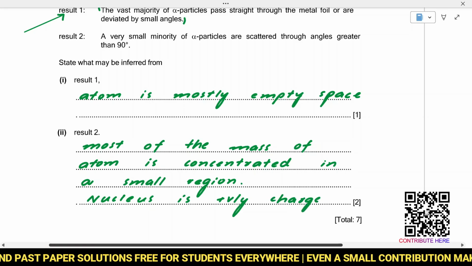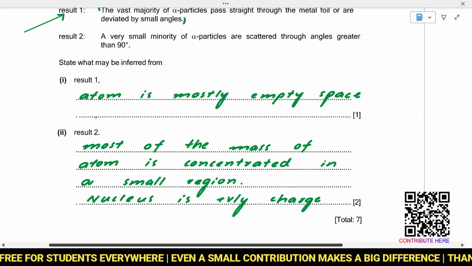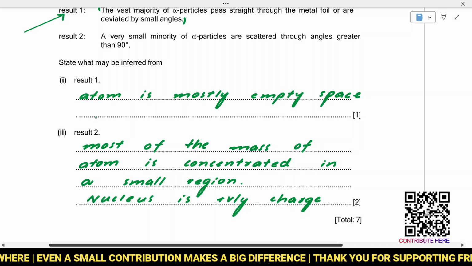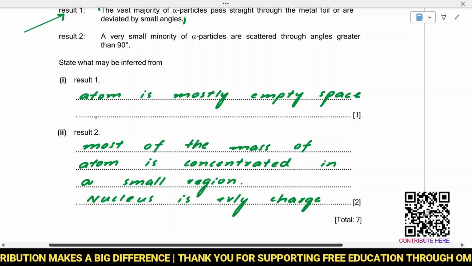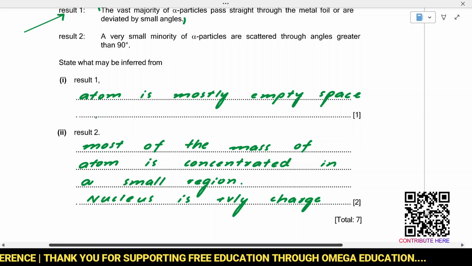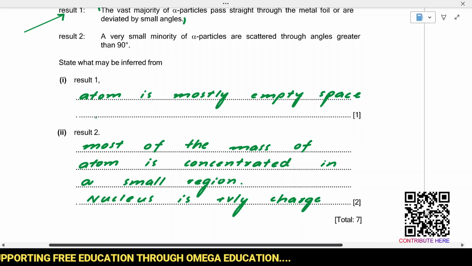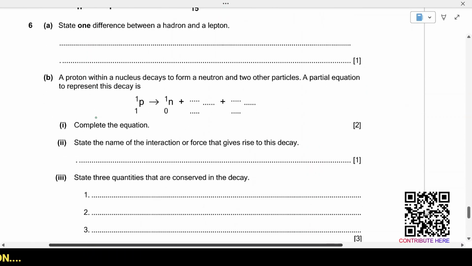Or you can combine these two to write a single statement. For example, you can phrase it in a better way. Most of the mass of the atom is concentrated in a tiny region carrying a positive charge, which is the nucleus.